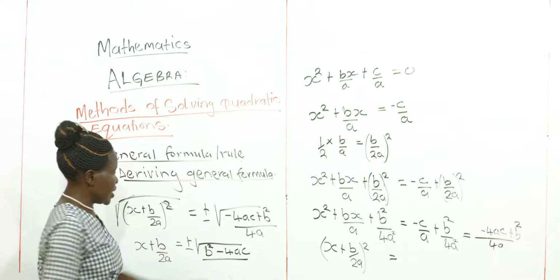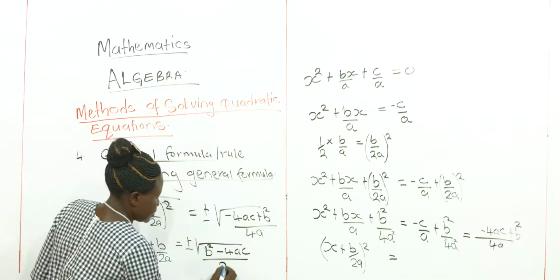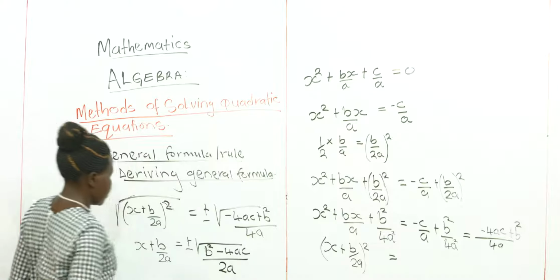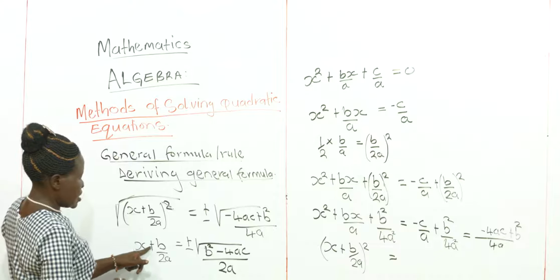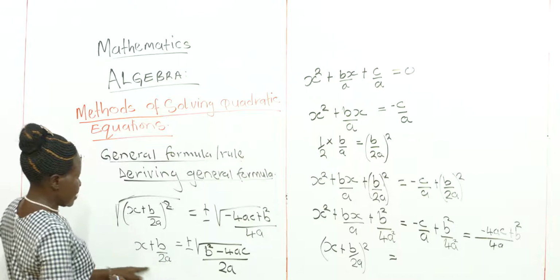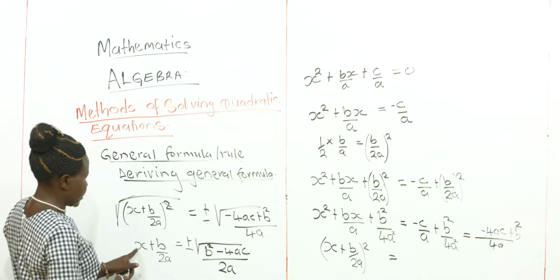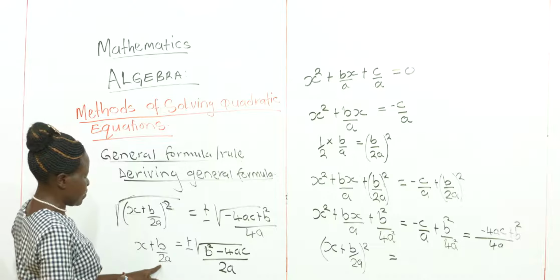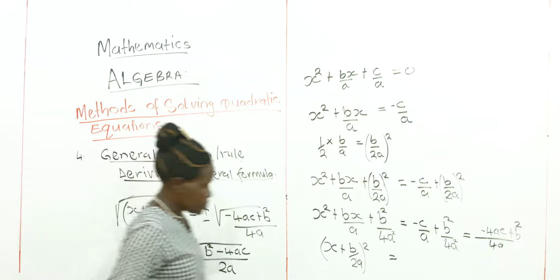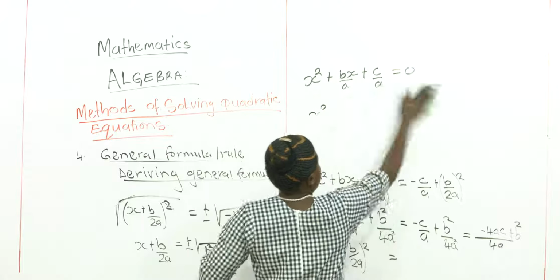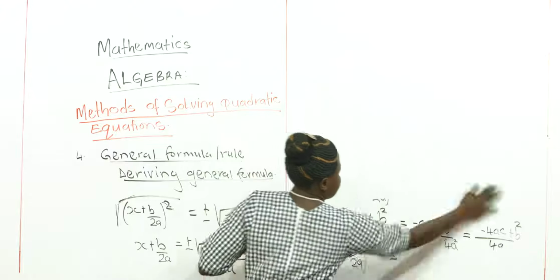The root of 4a squared will give us 2a. So when we make x the subject on the left hand side, we find that x will be negative b over 2a.